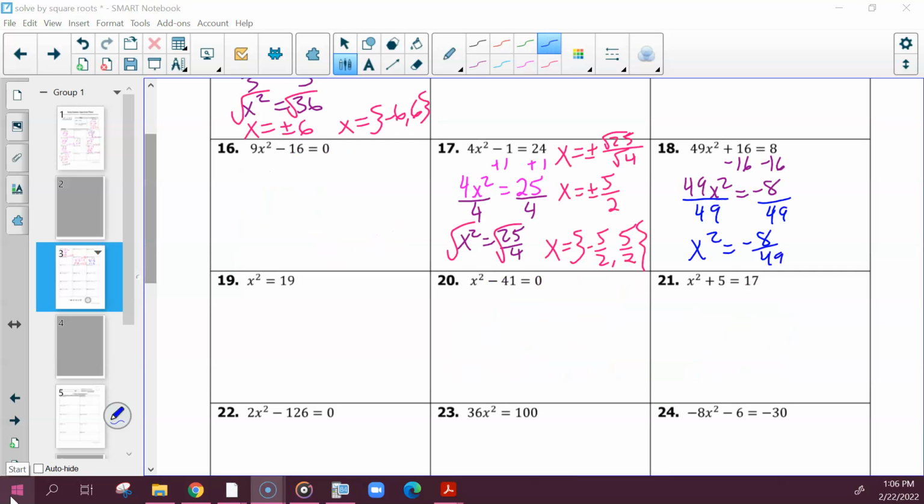We cannot take the square root of a negative, so we can go ahead and skip to x equals no solution. Had we got something that was maybe a positive, maybe it was 16 over 49, then we could have found the square root of 16, found the square root of 49, and found the perfect squares for both and made this into a fraction.